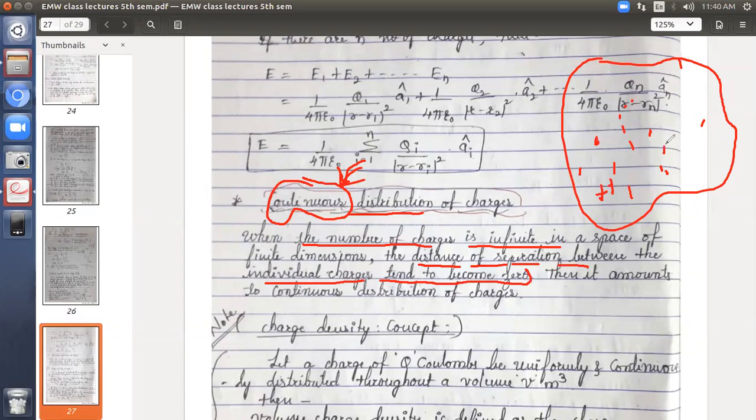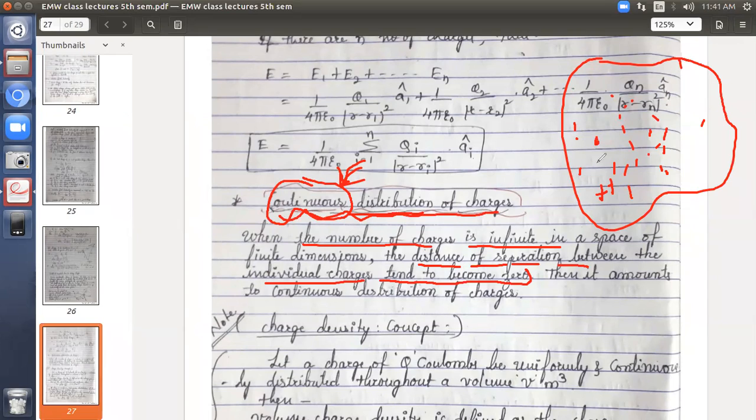But while coming to the continuous distribution of charges, we say that there are an infinite number of charges spread in the space, such that they have limited dimensions.